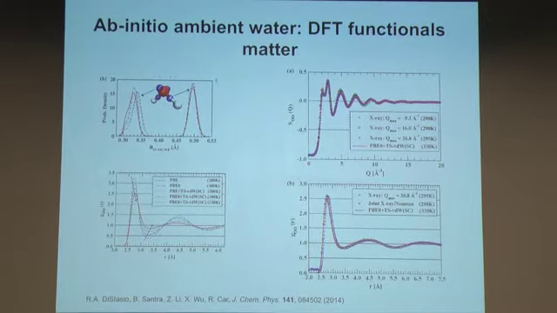With this functional, you see, with PBE, the pair correlation function is much overstructured, and as we move across all these functionals, and eventually we get to this one, we get something that compares quite well with experiments.